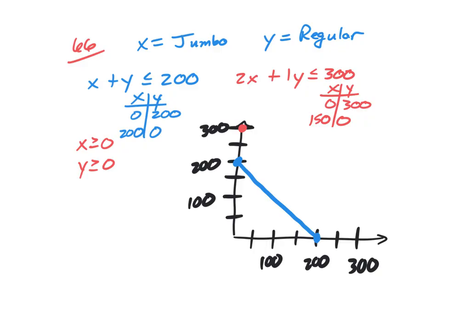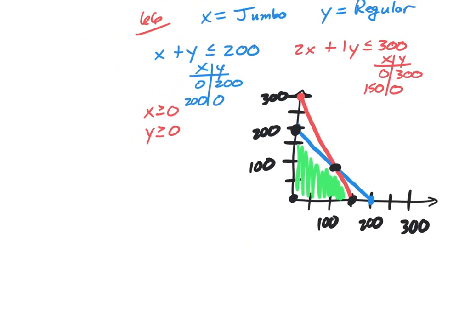So 0, 300 goes up 300, 150 is on the x-axis. And then once again, we're going to look for the bounded region. That would be this little region right here. All right, so we have 4 points that enclose this. Okay, those 4 points right there.